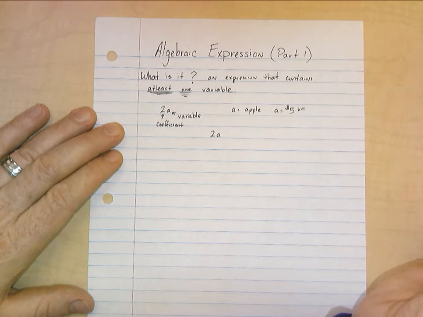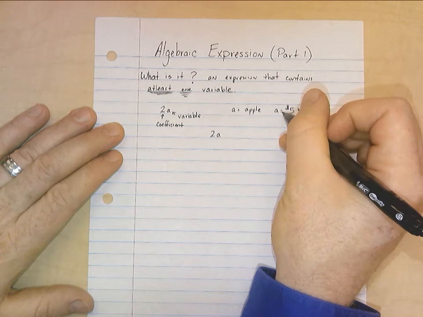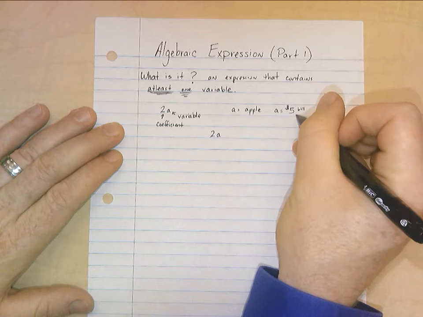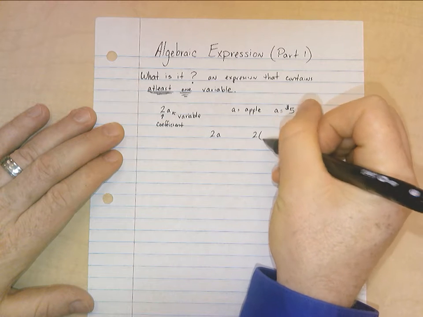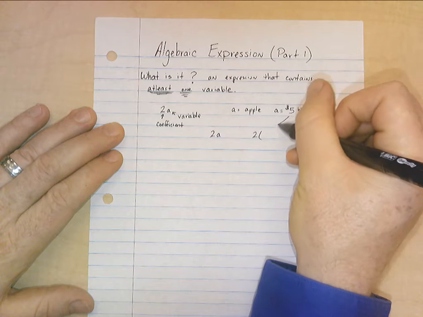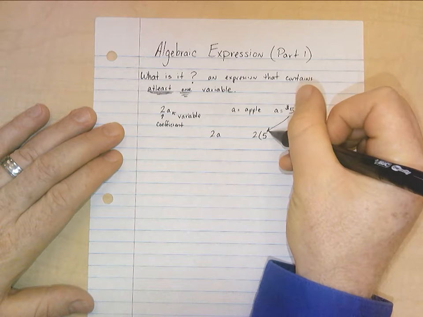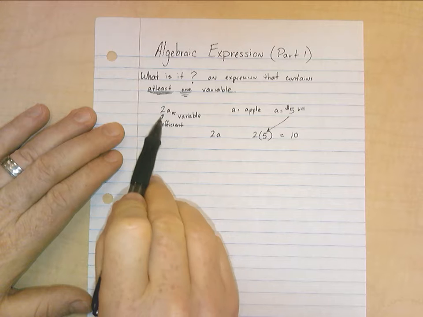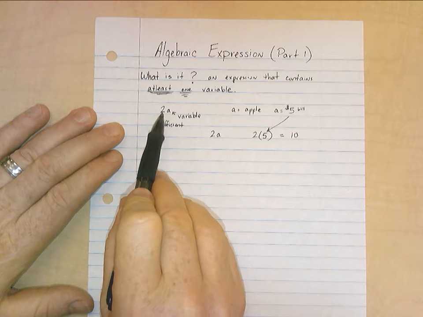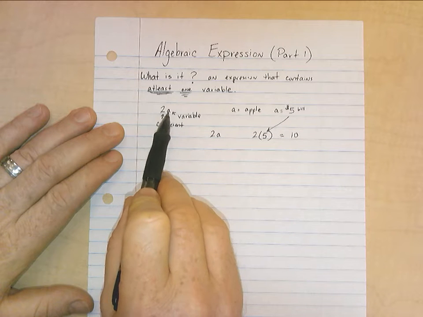Now, if I knew that a equaled $5, and I had 2 of them, then instead of writing a, you can write down the 5. 2 times 5 equals 10. So again, an algebraic expression is just a combination of typically a number and at least one variable.